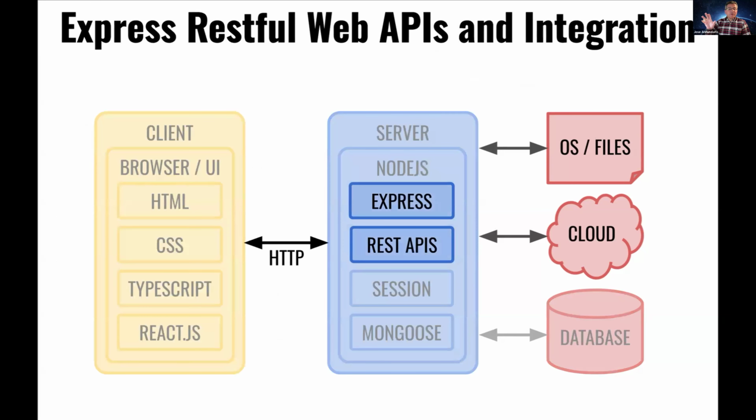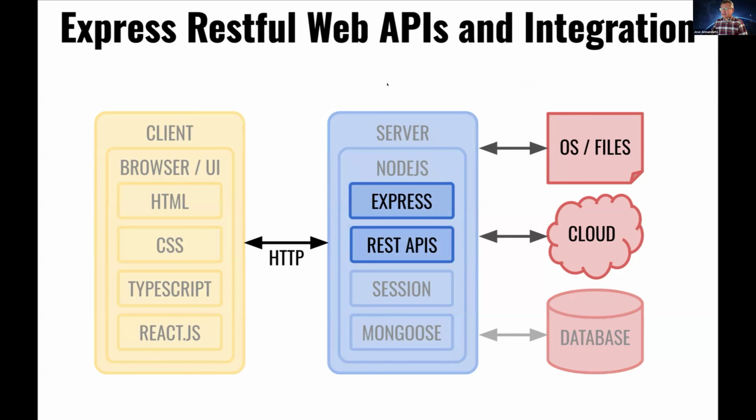First, we're going to discuss Express and how to implement RESTful APIs. This is going to be the part where we're connecting these two pieces: the front end and the back end, or well, actually not the back end, the middle tier.